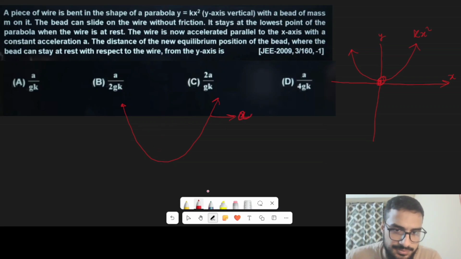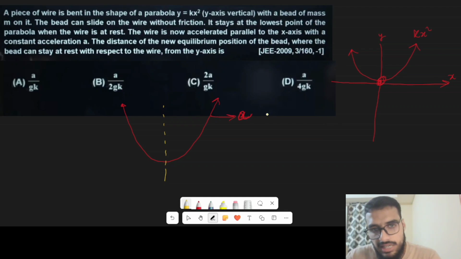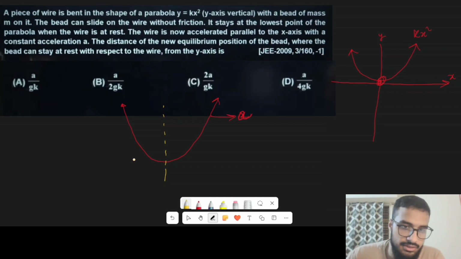So what will happen? You'll say, sir, the bead that was at this point, because the acceleration is towards the right, the bead will have a centrifugal force towards the left, for example, if you see in the frame of this parabola.